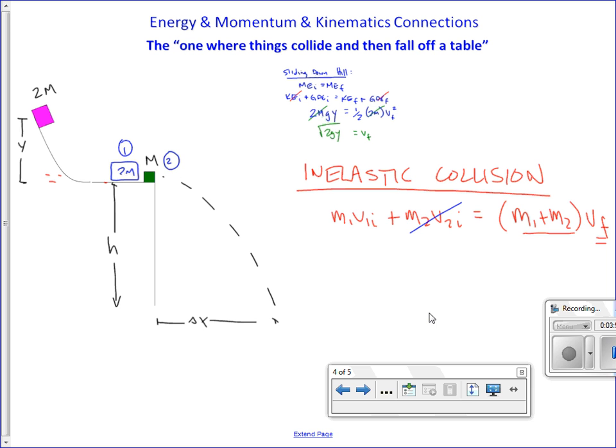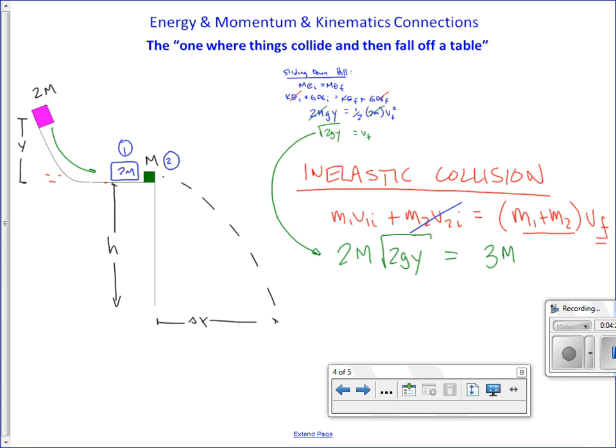So this really turns into 2m. Well, v of that one initial, remember, is this. Its speed at the end of sliding down here becomes its speed before it interacts with the other object. So we put that right in here, radical 2gy. Oh, you dig? Equals m1 plus m2. Well, that's 3m.